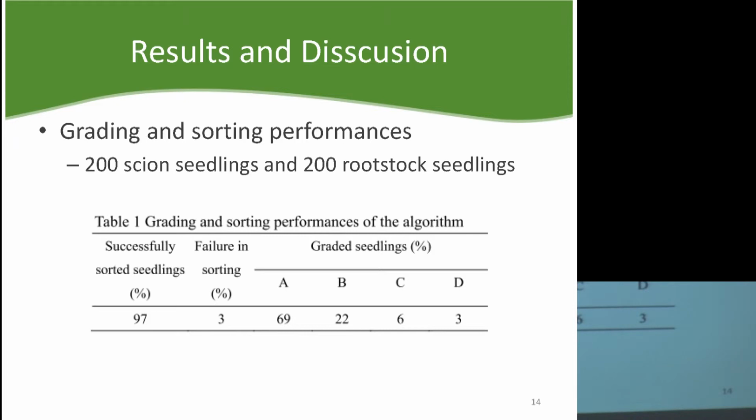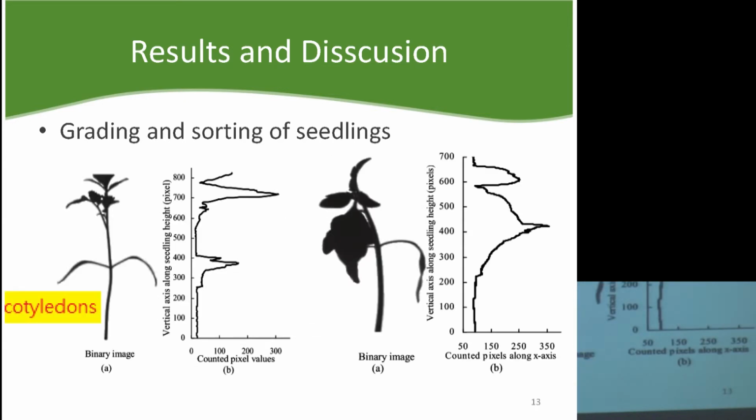Okay. And then this table shows the algorithm could sort 97% of the seedlings successfully, and the remaining 3% failed because the target is shaped by the irregular arrangement of the leaves, as we saw in the figure.